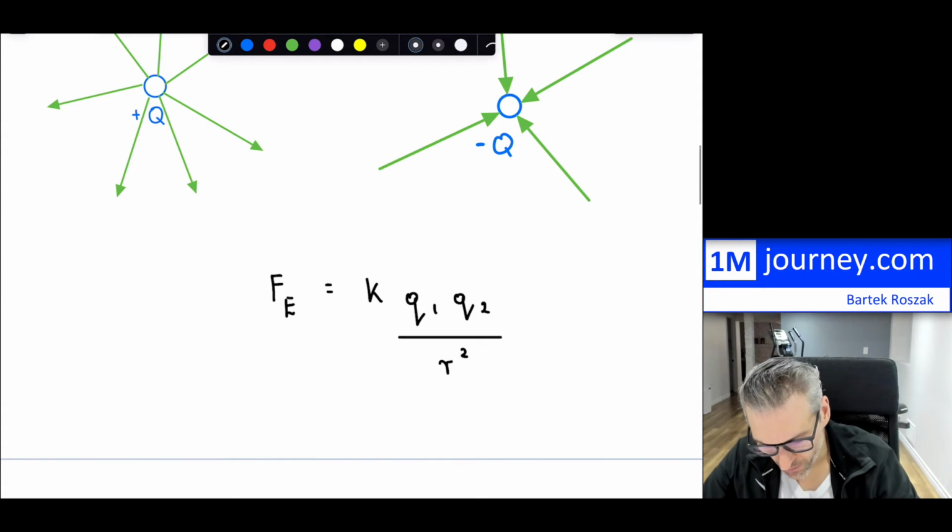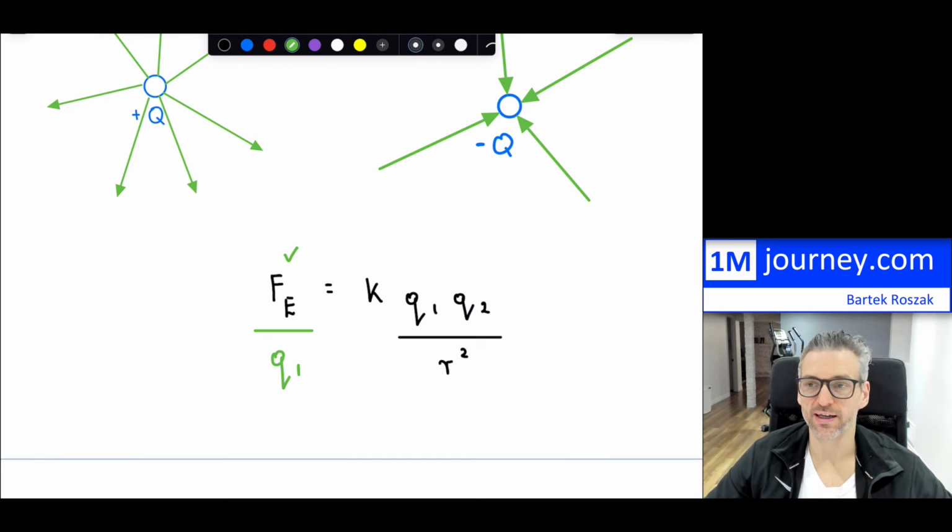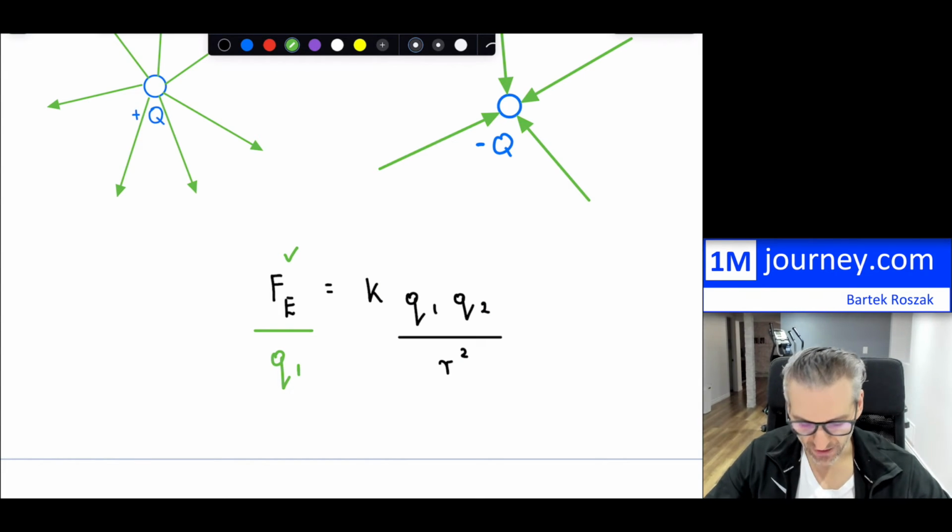And if you now take this and say, all right, I want to know what is the force per charge. Just for the sake of this argument, I'm going to pick on Q1, and Q1 would be our test charge anywhere that we would put, and then Q2 is just the actual charge itself.